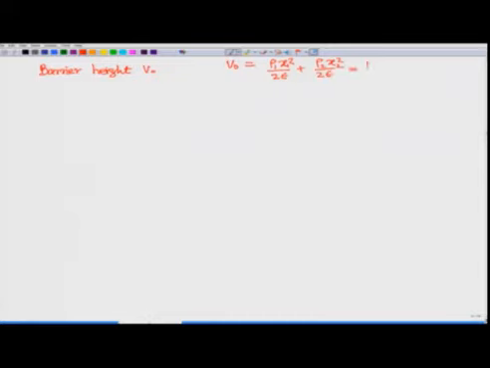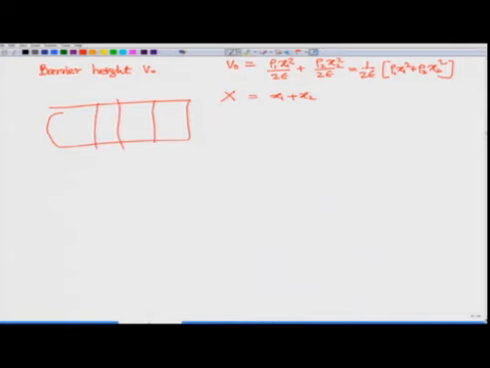So it is 1 over 2 epsilon times (rho 1 x 1 square plus rho 2 x 2 square). The depletion region width is x 1 plus x 2. This is x 1 and this is x 2 and this is the depletion region. So capital X is x 1 plus x 2. And then we have yet another relation, rho 1 x 1 is equal to rho 2 x 2.